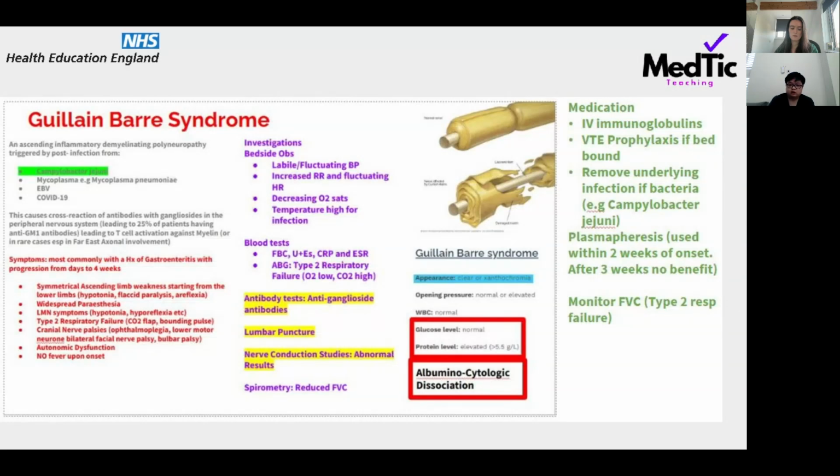You want to treat the infection, and you also want to get them to undergo plasmapheresis, which is like dialysis, but it's to try to further remove all the bad antibodies and to try to reverse the damage as much as you can. If breathing is interrupted and there is type 2 respiratory failure, you need to monitor their vital capacity quite closely and give them respiratory support and protect their airway where it's important.